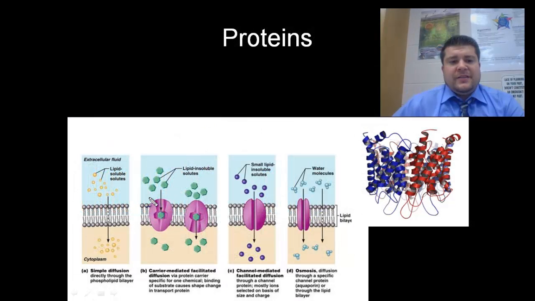The last thing is these proteins that will allow for molecules that are not lipid soluble to get in. So if they're lipid soluble or if they're really, really small, they can just kind of pass through. Well, if they're too big, they're lipid insoluble, they need to pass through a channel.